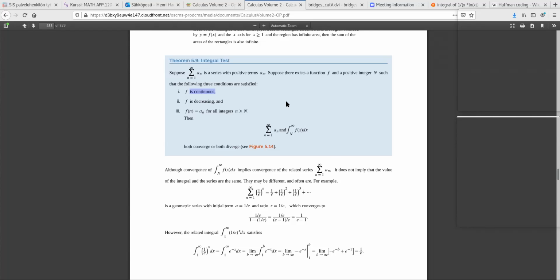Then if one of these converges, both of these converge, and if one of these diverges, then both of these diverge.